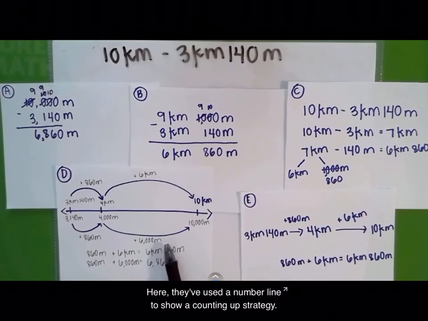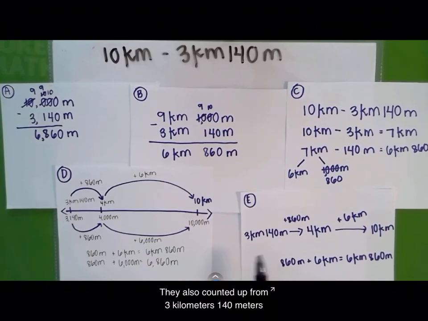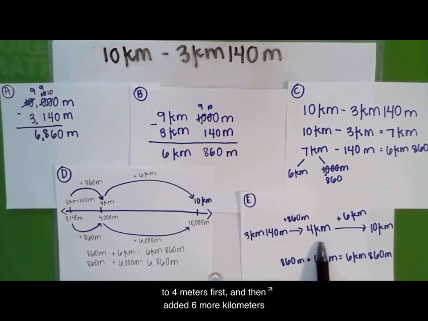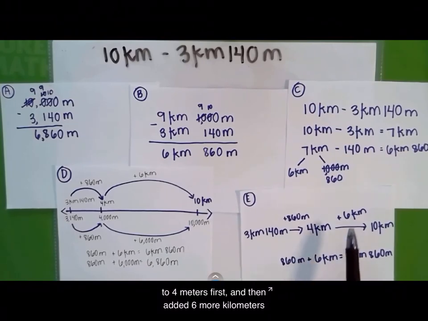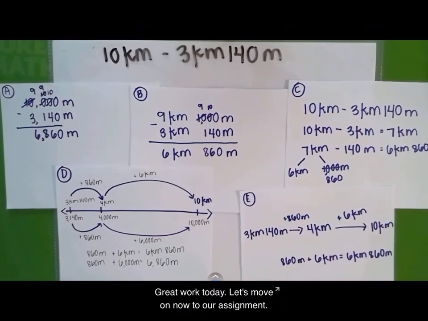Here, they've used a number line to show a counting up strategy. In solution E, they also counted up from 3 kilometers, 140 meters to 4 kilometers first, and then added 6 more kilometers to get 10 kilometers. Great work today.